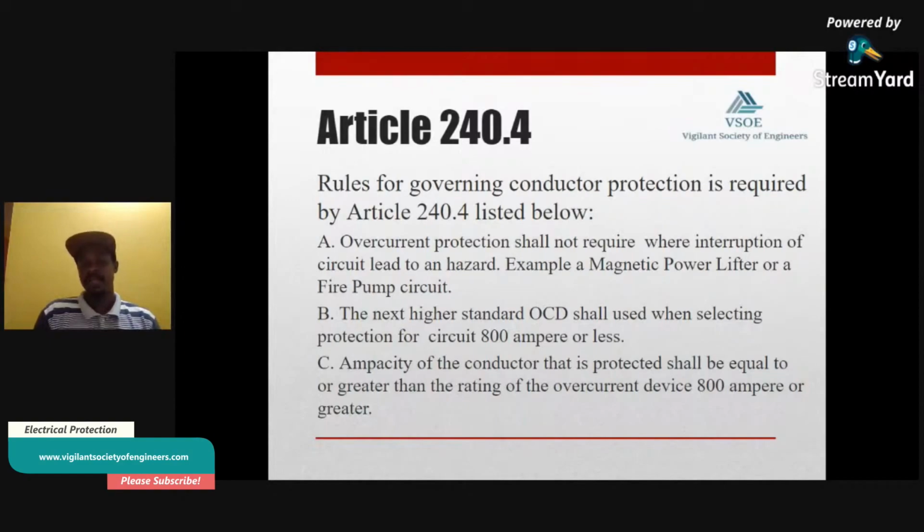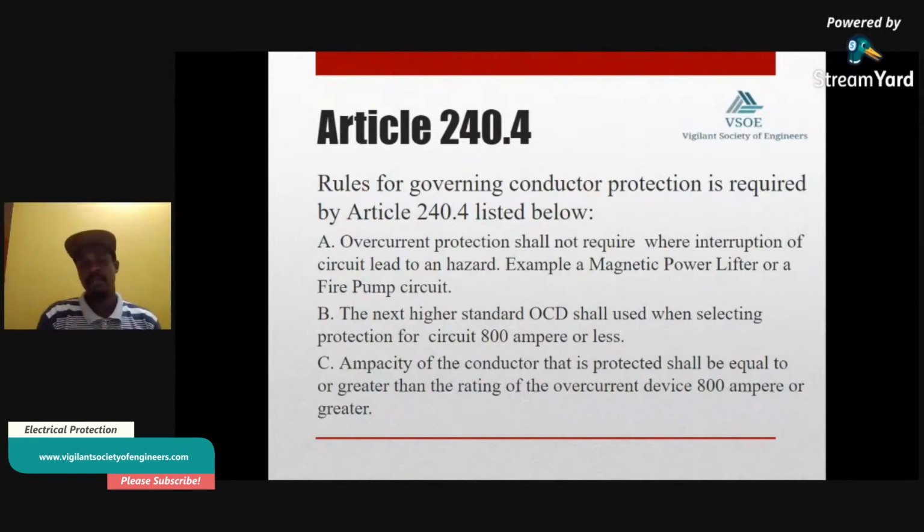All right. Now, when the conductor that is being protected is 800 ampere or greater, then the protection requires that the breaker or electrical overcurrent protection device shall not be less than the ampere rating of the conductor.